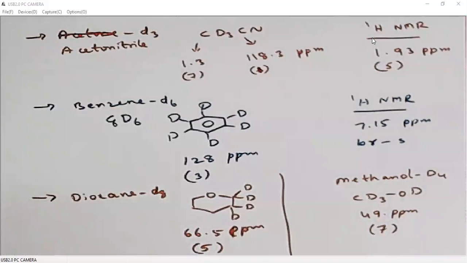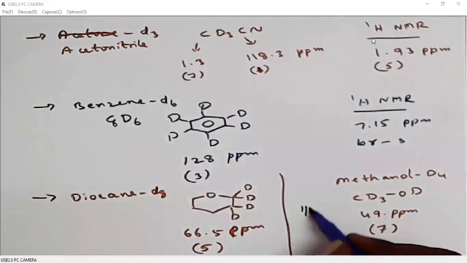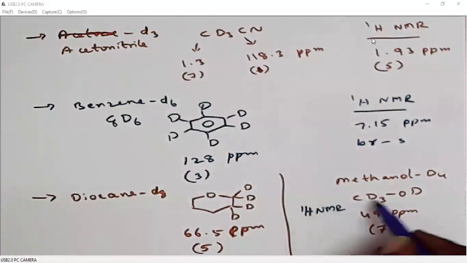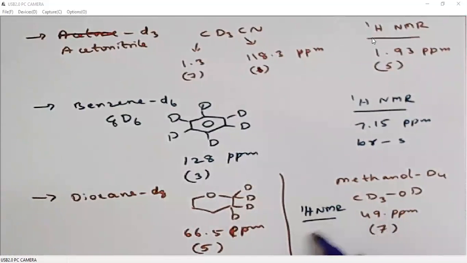For proton NMR, deuterated methanol will give a singlet at 4.84 ppm, and another peak at 3.30 ppm with a quintet.